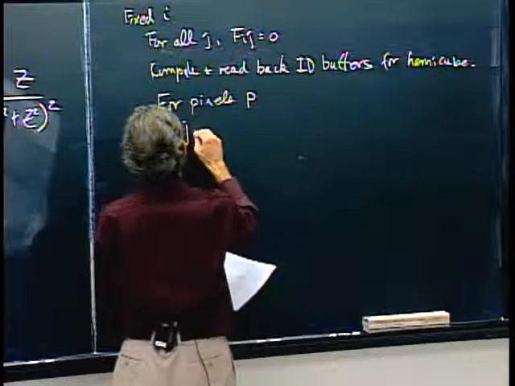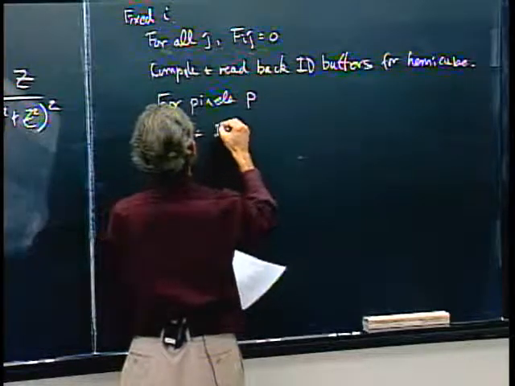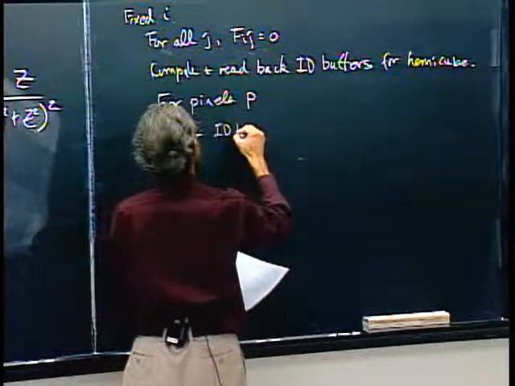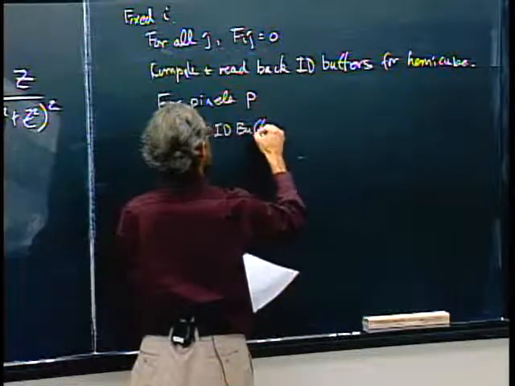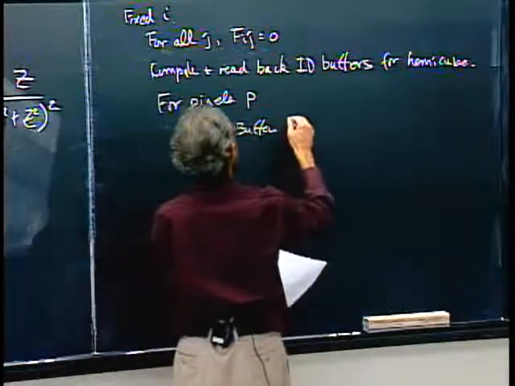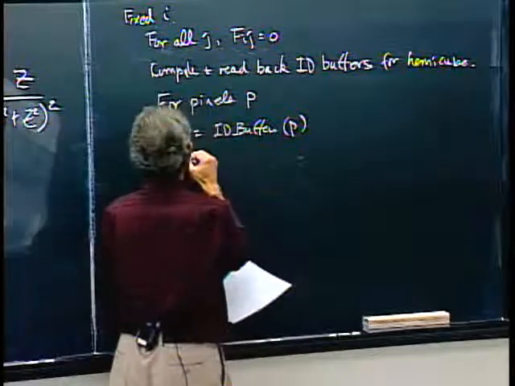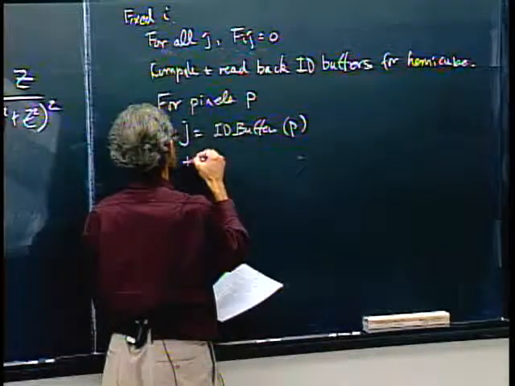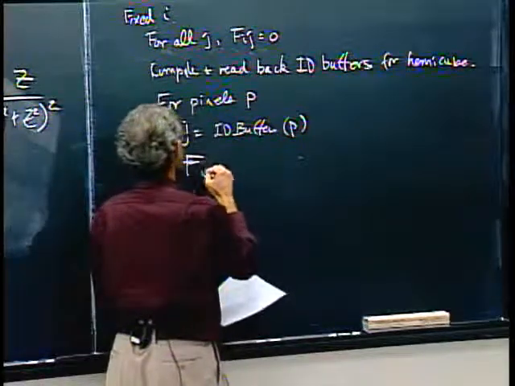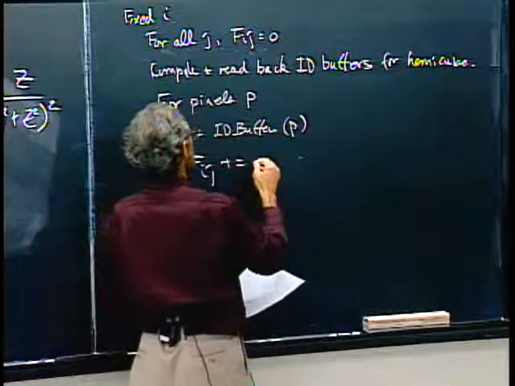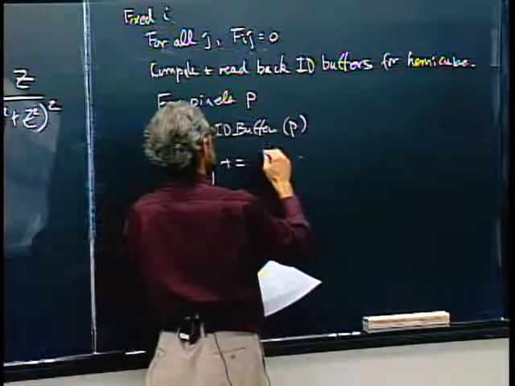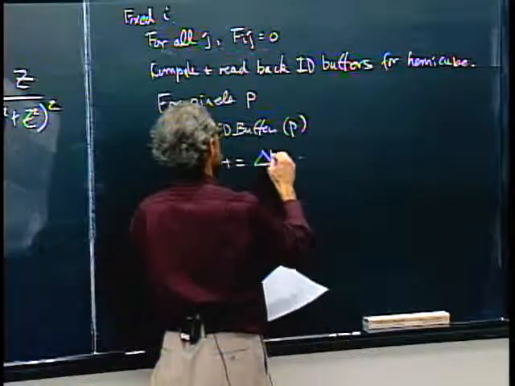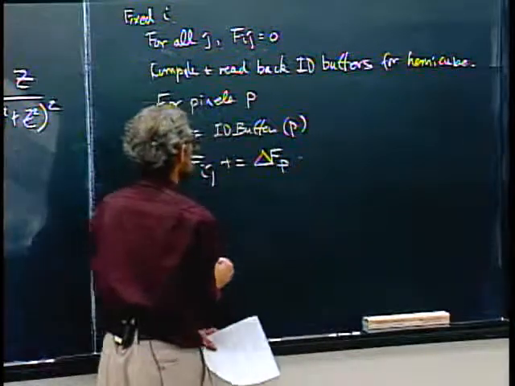We're going to say J equals the ID buffer at pixel P, and we're going to increment Fij by the delta form factor at that pixel.